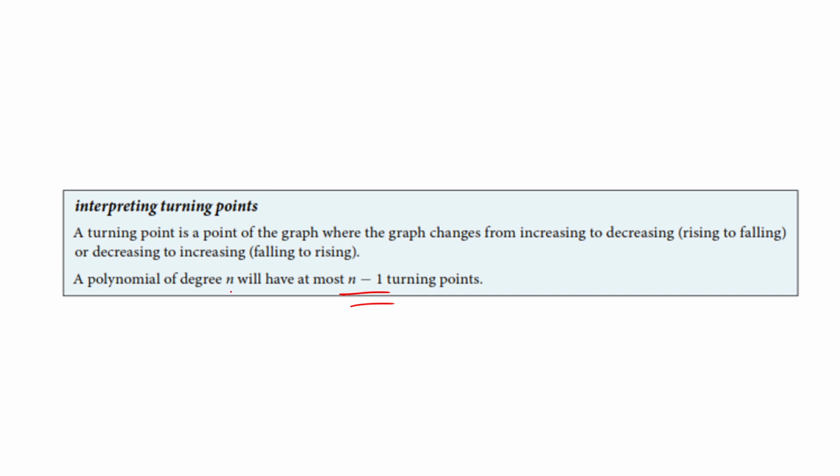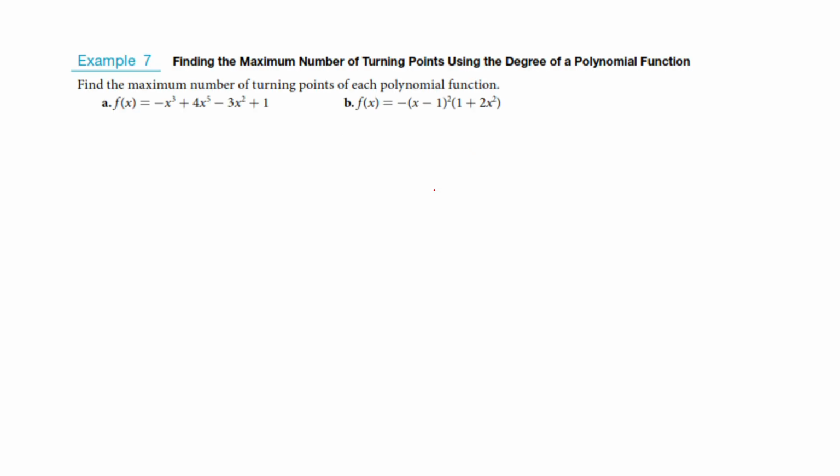But again, it's in there, and the textbooks all ask this. So look at the highest degree. It can have at most one less turning point. If it was x to the sixth, that's a degree of 6, so its maximum number of turns is 5. Now it could be less than that, so that's why it's not even all that helpful. But anyway, it's in there.